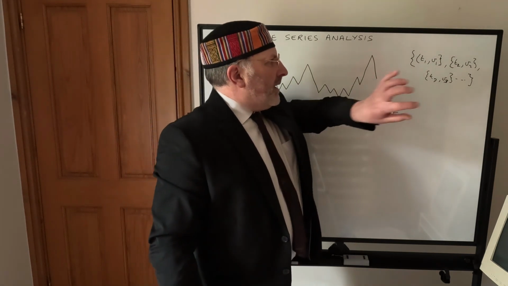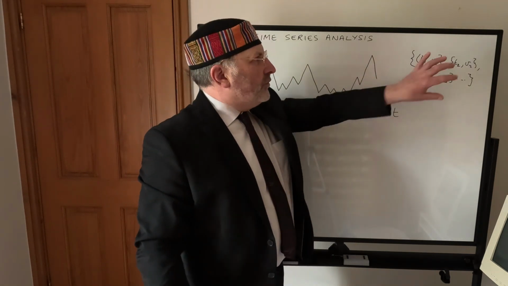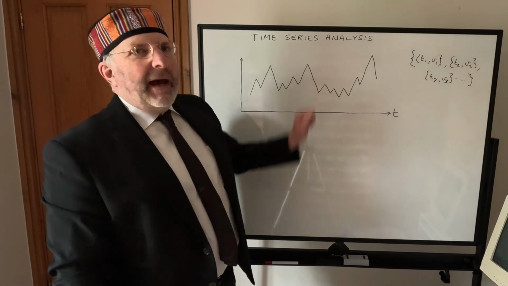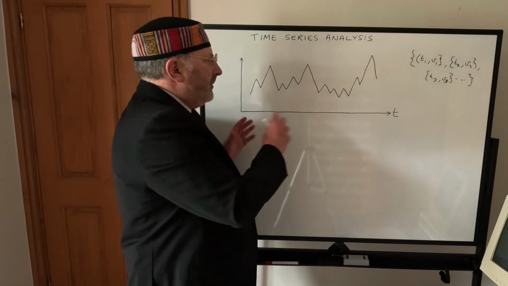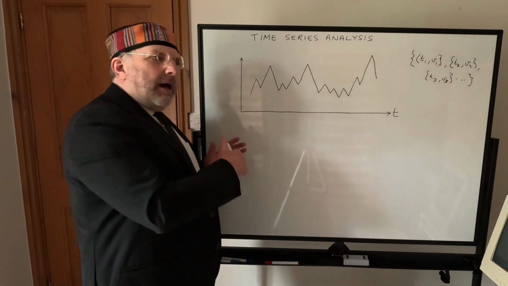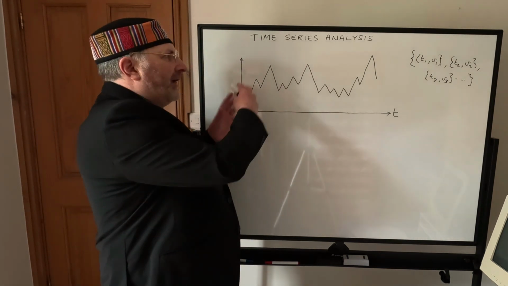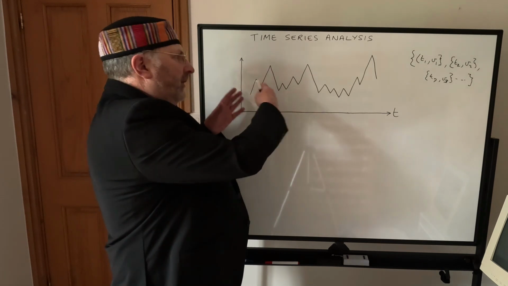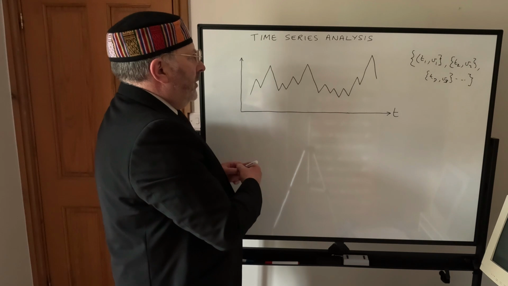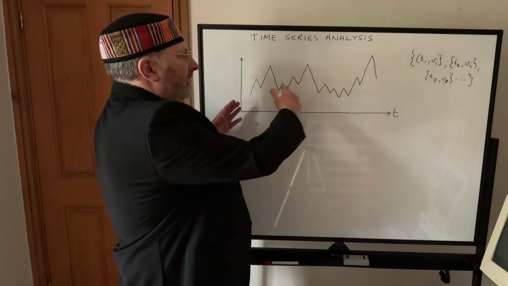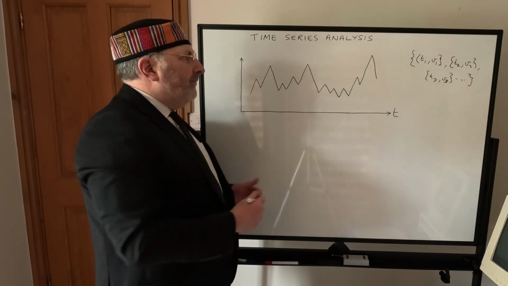And what we want to do is some number crunching on this to try and bring out the patterns in the data. And when we're talking about patterns, we're typically interested in some kind of regularity to our signal or waveform. So we're looking for some kind of cycles in the data.